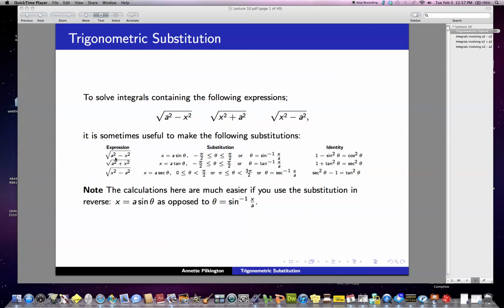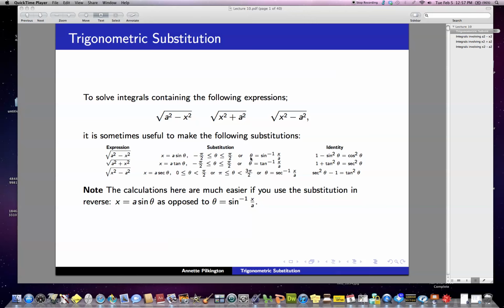So suppose I have the square root of a squared minus x squared, then the substitution x equals a times sine theta works, where I'm assuming theta is between minus pi over 2 and pi over 2.